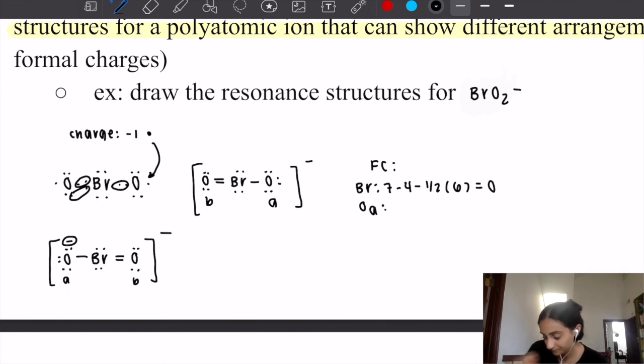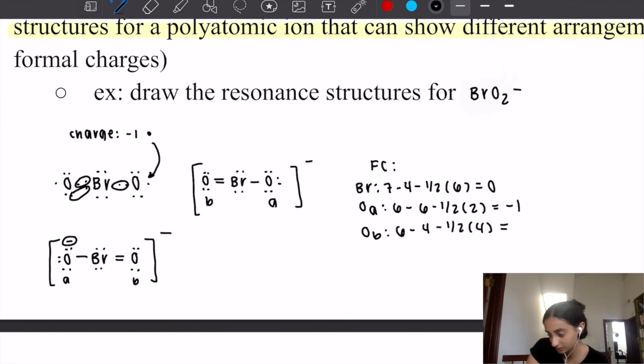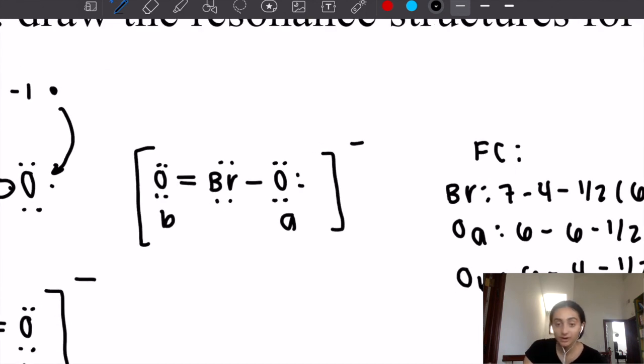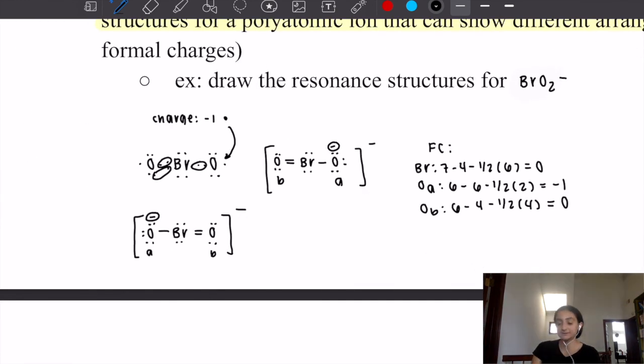Oxygen A, we have 6 valence electrons, minus 6 unshared, minus 1/2 of 2 shared equals a -1 charge. And oxygen B has 6 valence electrons, minus 4 unshared, minus 1/2 of 4 shared equals 0. So I'm going to put the minus charge on oxygen A, and that is a different resonance structure.